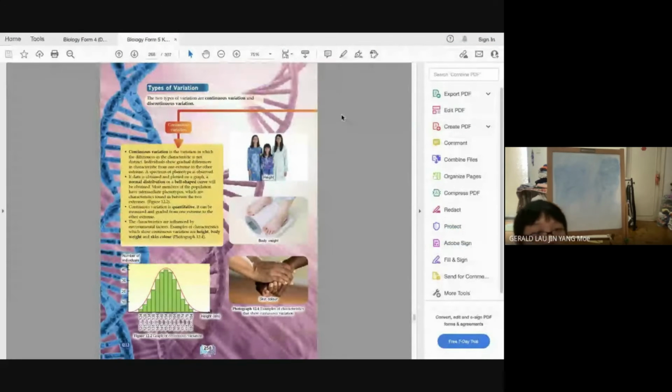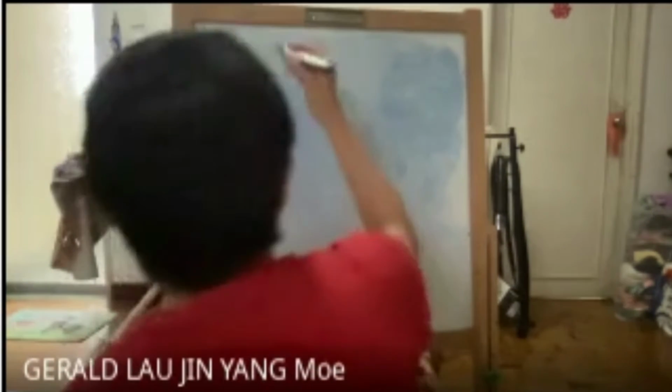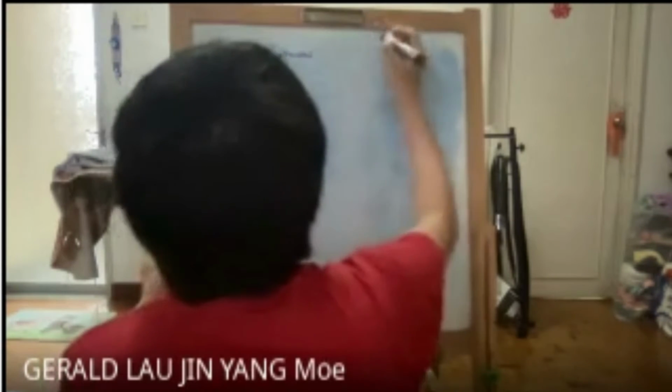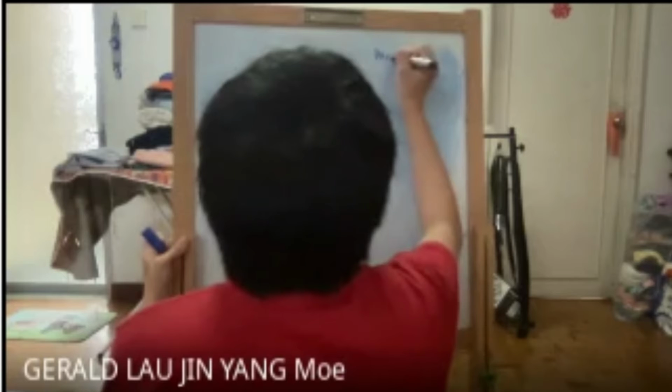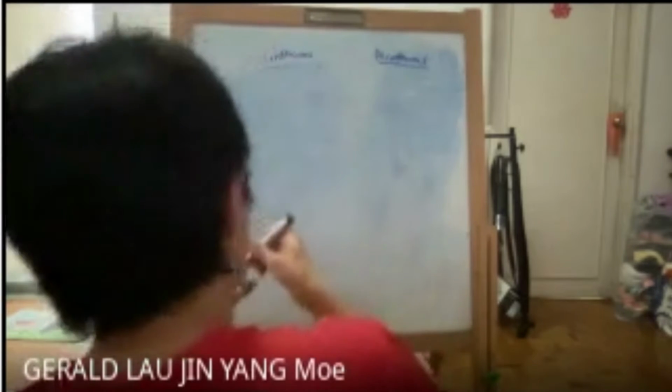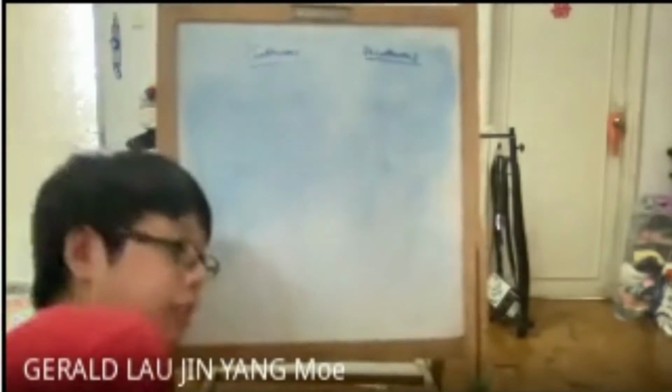Now, types of variation. We have continuous and we have discontinuous. Now, what is continuous? What is discontinuous?